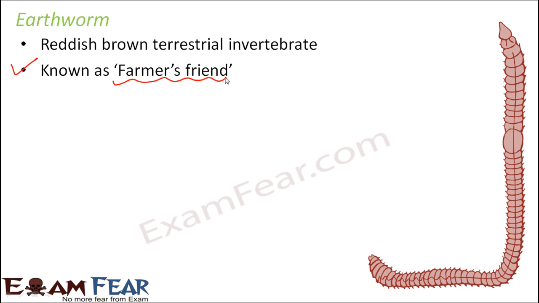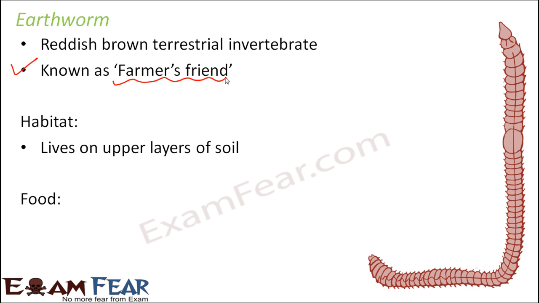So it benefits farmers, because when the fertility of the soil improves, the crop production also improves. They live on upper layers of soil, but during the rainy seasons, since the soil gets completely clogged with water, they tend to come out onto the surface, and that is why we see them more during rainy season.